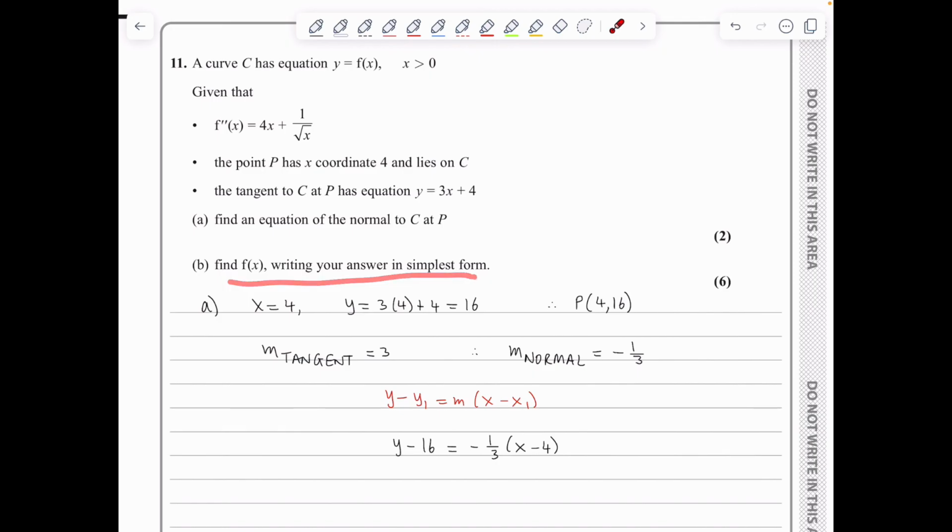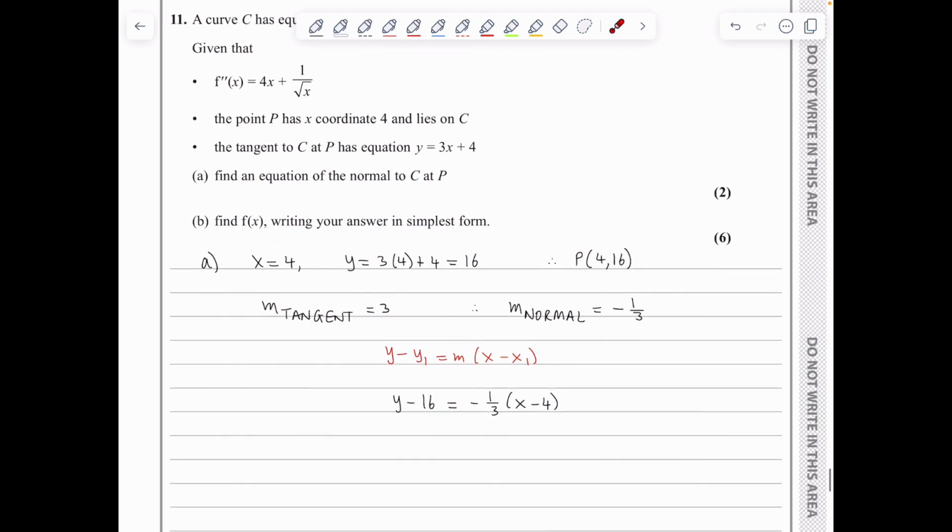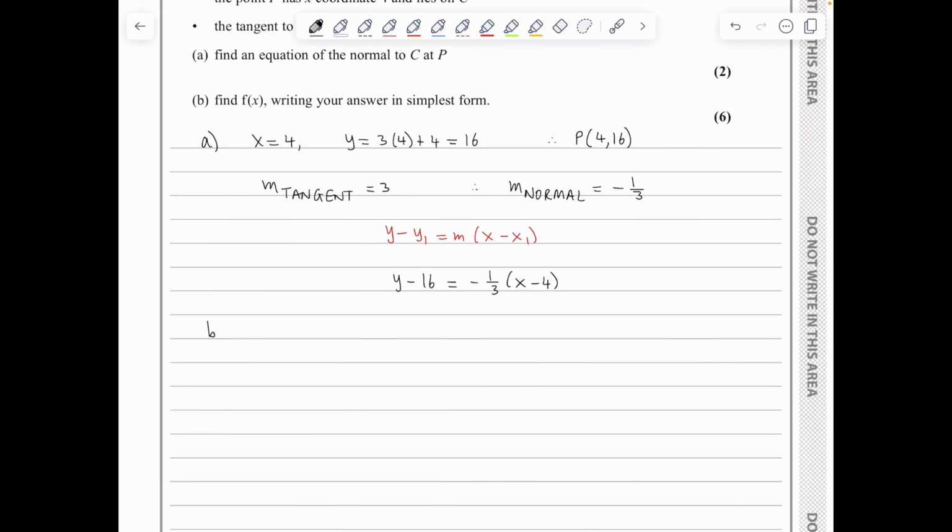Now in part B, we need to find f of x, writing our answer in its simplest form. Notice that this is 6 marks, so it involves quite some extensive working. I will start by finding f dash of x based on the fact that we've got the second derivative. I will integrate once to find the first derivative. So f dash of x should be the integral of 4x plus 1 over root x dx.